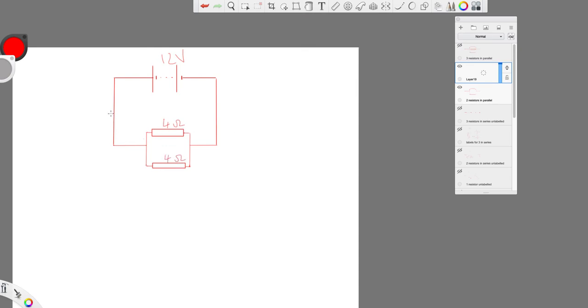So, like we said before, current comes here, some of it goes that way, some of it goes that way, but the total remains the same. Now, comparing this to having just a 4 ohm resistor in the circuit, we now have two 4 ohm paths. So more current can flow now than we had if we had just the single 4 ohm resistor.